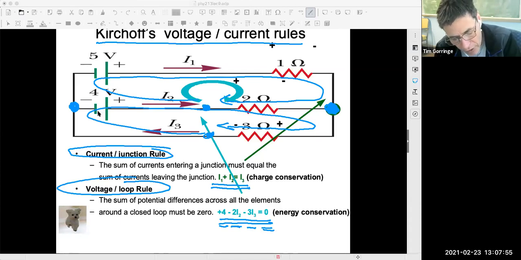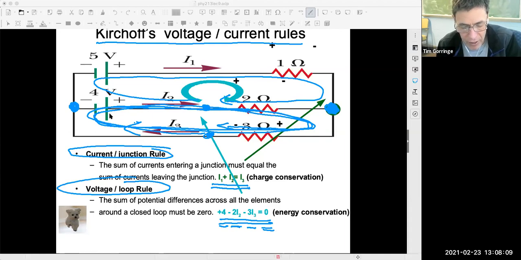So I'm walking around, just to make this clear, my equation is for this loop. This is the loop around the bottom half of the circuit. And when I'm going clockwise around, I'm going from the negative end of the battery to the positive end of the battery. I'm like walking up a staircase from the first floor to the second floor.